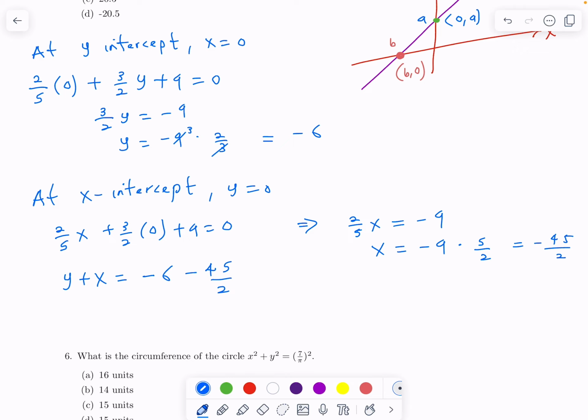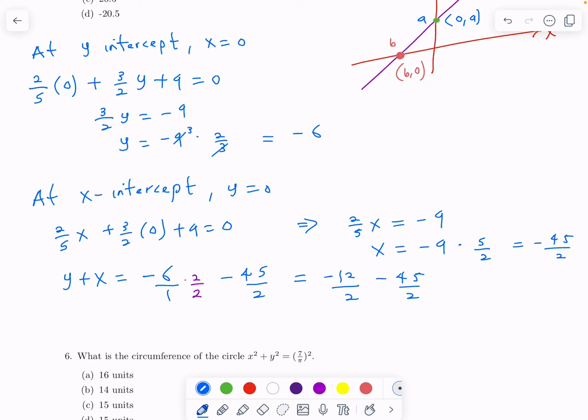So I can rewrite, because I have a fraction here, 45 over 2. Now I want to make the denominator of both terms the same, right? So what I can do to this part here is multiply it by 1, but I will write it as 2 over 2. 2 over 2 is 1, right? So I can have negative 12 divided by 2 minus 45 divided by 2.